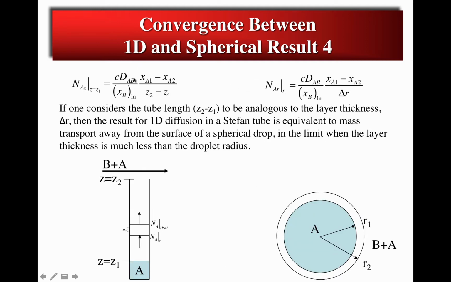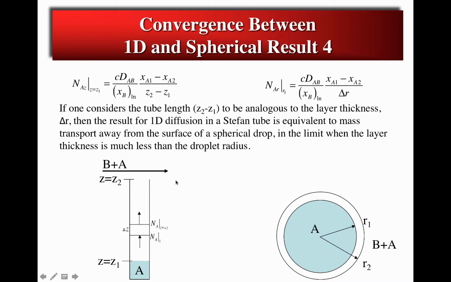Now, let's compare the Stefan tube result, in rectangular coordinates, with the result in spherical coordinates. If the gas phase tube length, Z2 minus Z1, is considered to be analogous to the layer thickness, delta R, then these results are identical to one another. That is, the rate of mass transfer in the spherical case is exactly equal to the rate of mass transfer in the one-dimensional case.